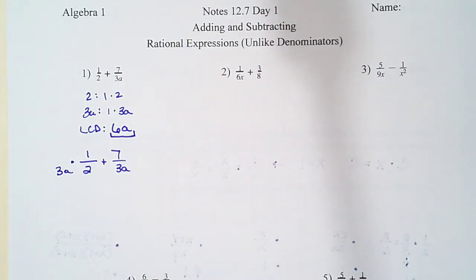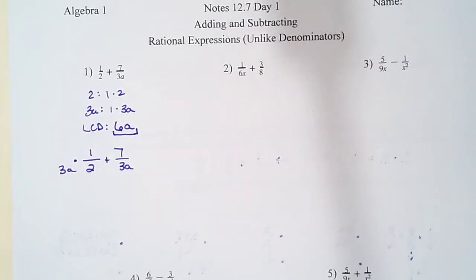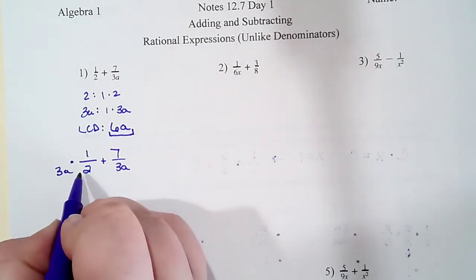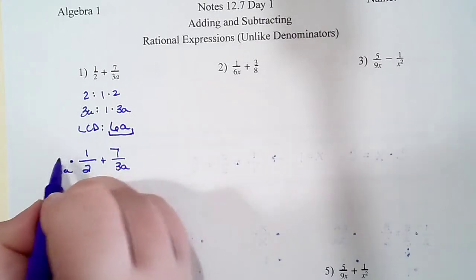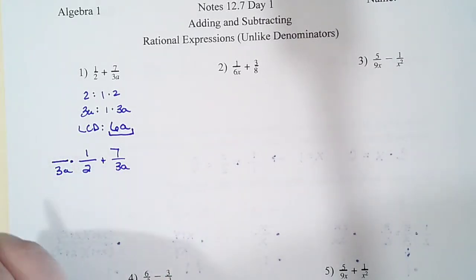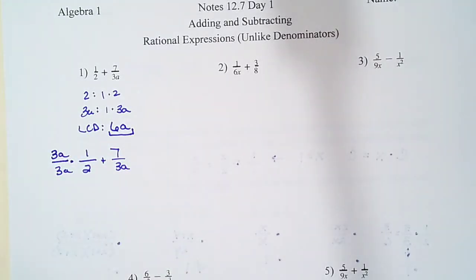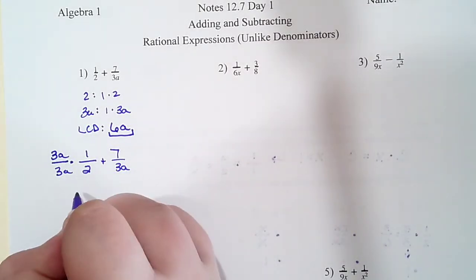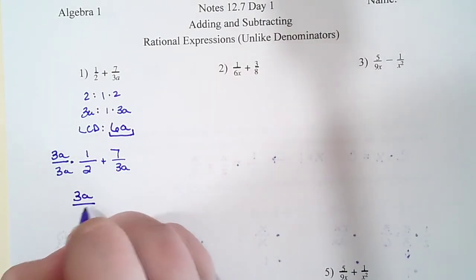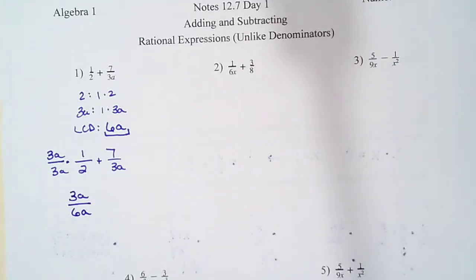However, this is where our first riddle came in. The only way to change a fraction without actually affecting it in any other way than changing how it looks is by multiplying the entire thing by 1. Whatever you do to the bottom, you have to do to the top, because when we do that, we now get 3a over 6a, which we know is equivalent to 1/2.